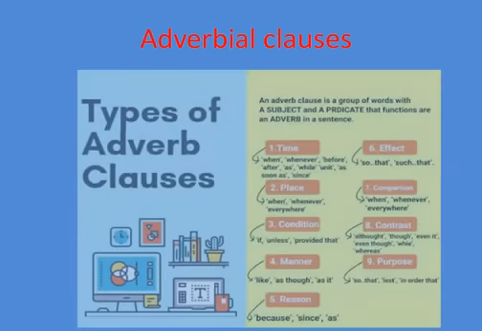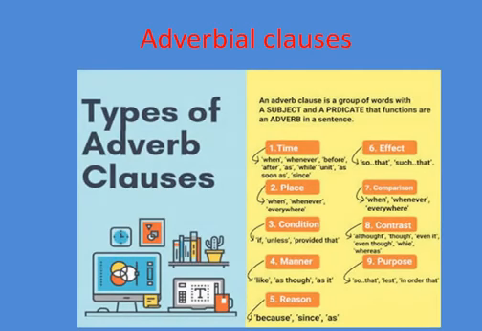There are different types of adverbial clauses which denote different components like time, place, condition, manner, reason, effect, comparison, contrast, and purpose. So different conjunctions are used. Here you can see a detailed list of different adverbial clause conjunctions.